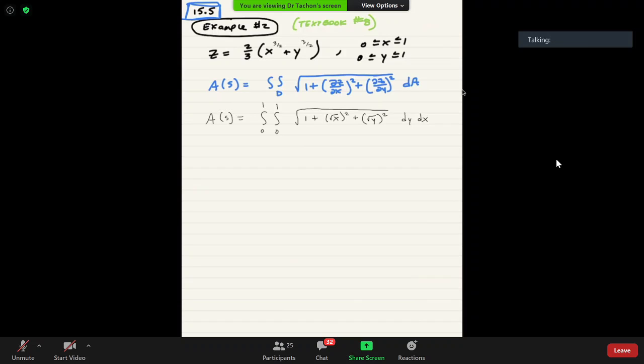All right, so we're going to integrate 0 to 1 and 0 to 1. And then under the radical, it's 1 plus x plus y, and this just doesn't matter. X first, y first, it's all the same. So integrate with respect to y first.